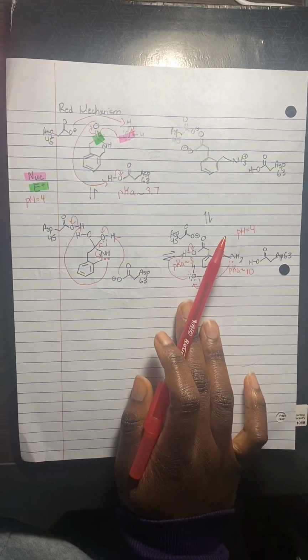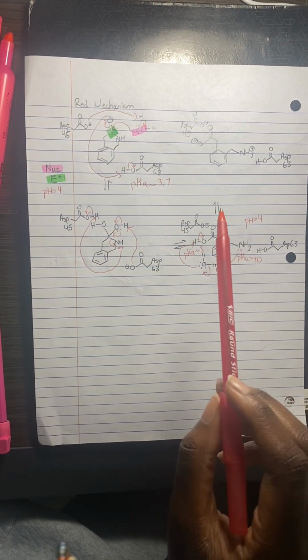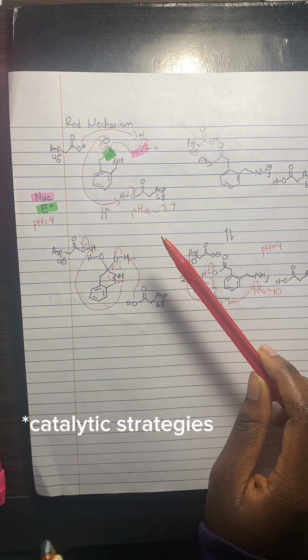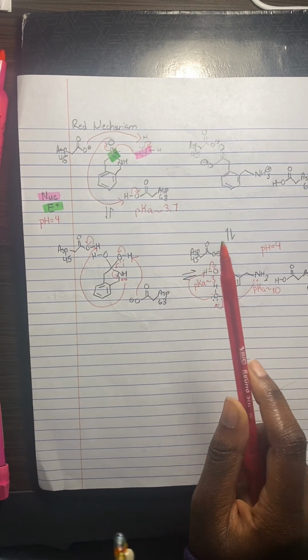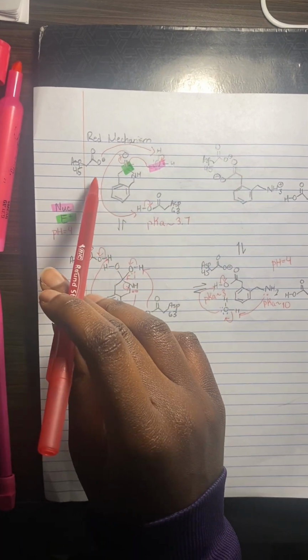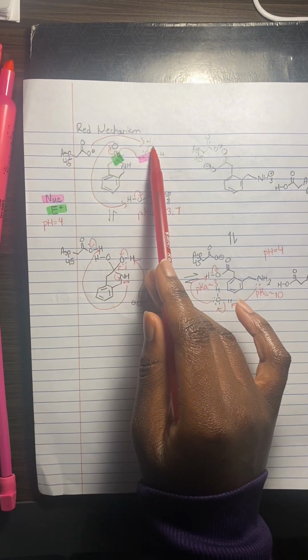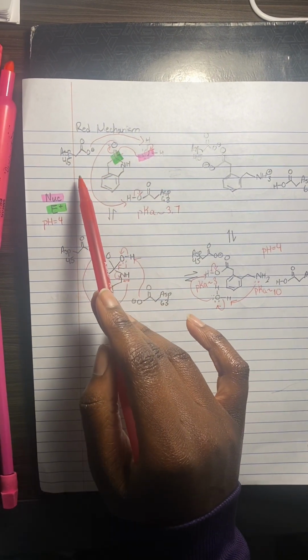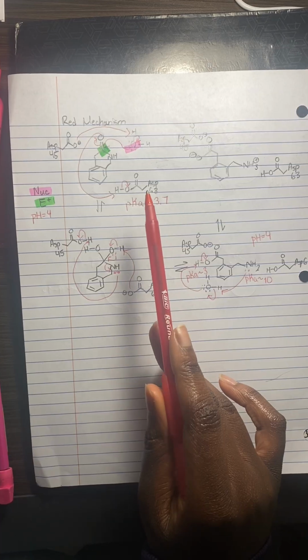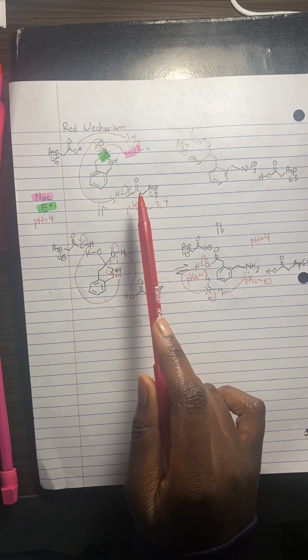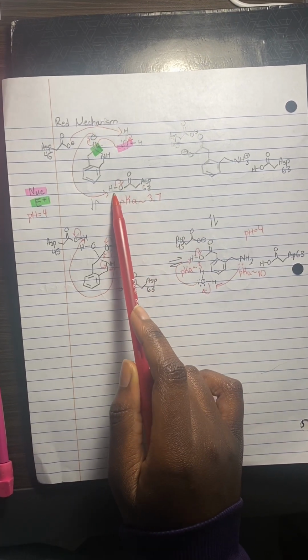Now, I want to talk about some of the catalyses that are happening in this reaction. So we know that we have base catalysis because aspartate is acting as a base. It's grabbing a hydrogen in order to facilitate the reaction. And we also know we have acid catalysis. Aspartate is also acting as an acid, donating a hydrogen to facilitate the reaction.